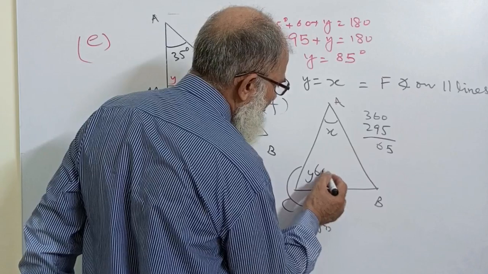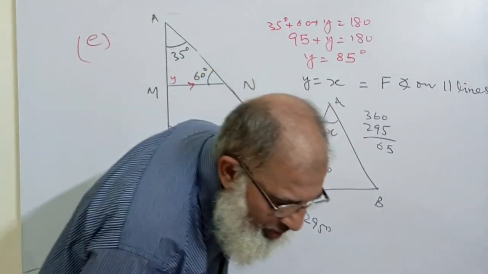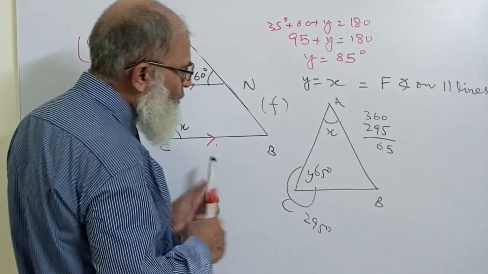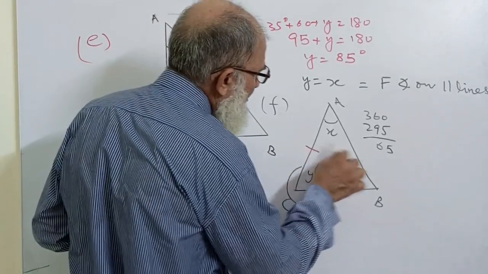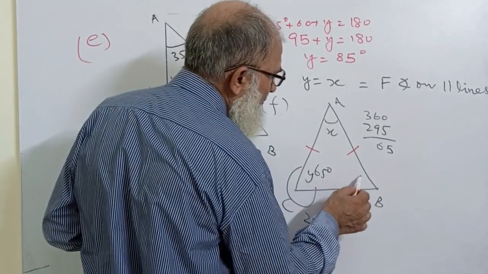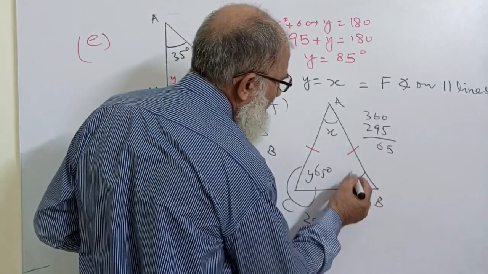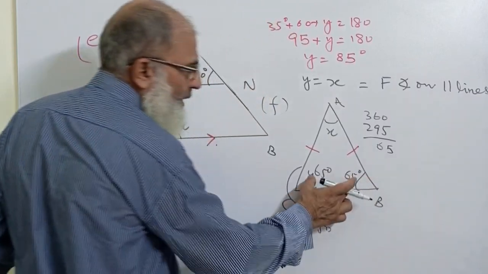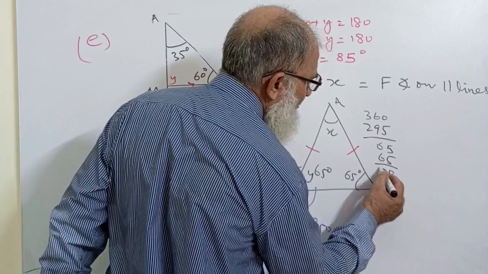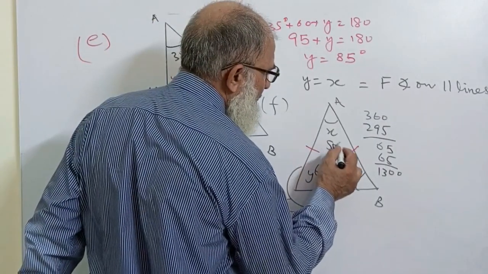Now this angle is 65 degree. Since this angle is 65 degree, there is also a clue given, and this is that this is an isosceles triangle. If this angle is 65 degree, this automatically becomes 65 degree. So 65 plus 65 is equal to 130 degree, and the rest is 50 degree.